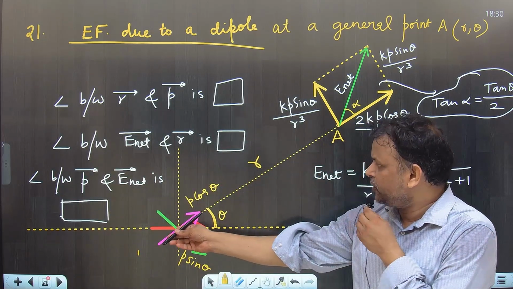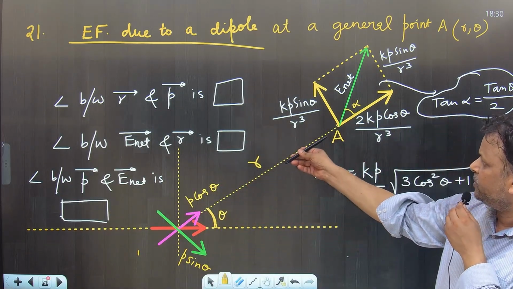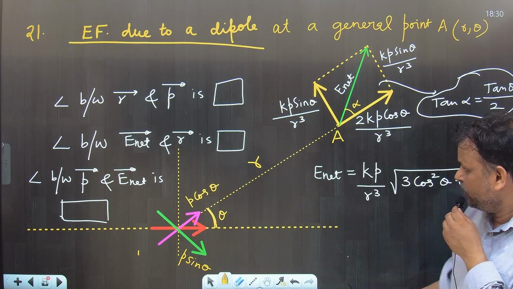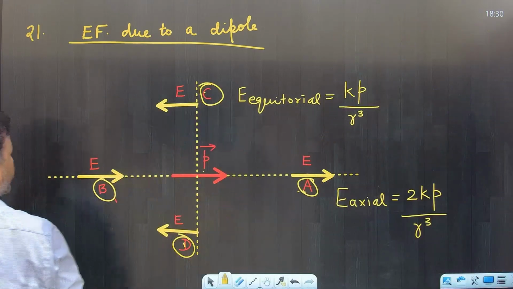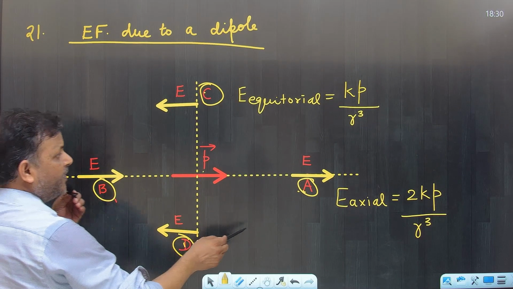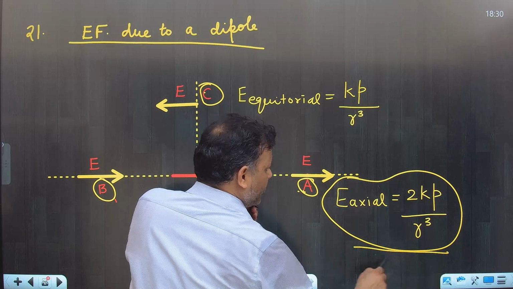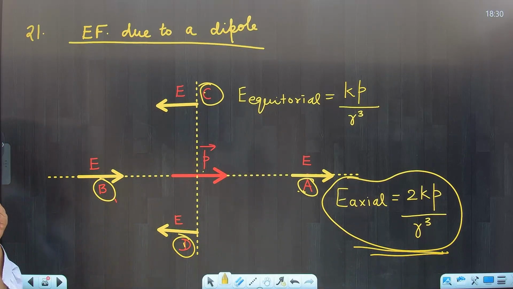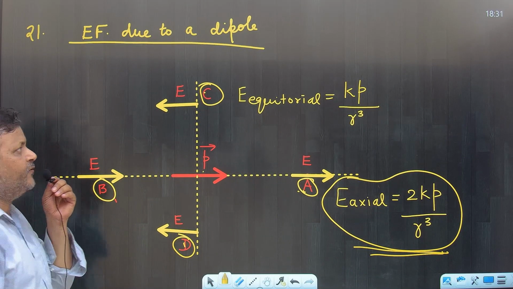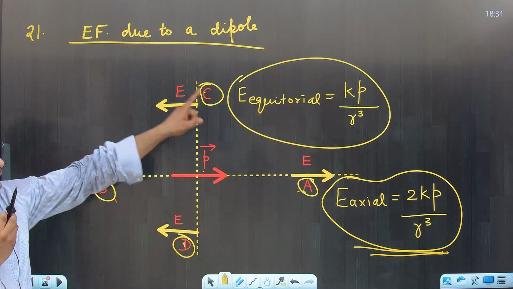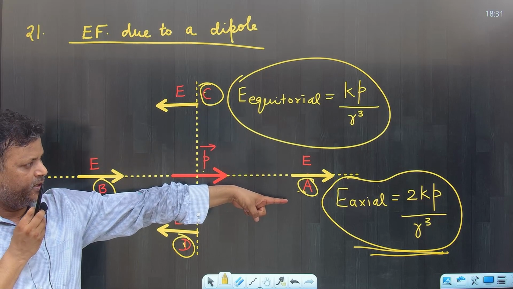Due to this P cos theta, it is at axial position. At an axial position, it is 2k P cos theta by r cube. We have just found here that electric field at axial position is 2kp by r cube. This is the formula for the axial position, 2kp by r cube, and electric field at equatorial position is kp by r cube. Obviously it is half of axial electric field.